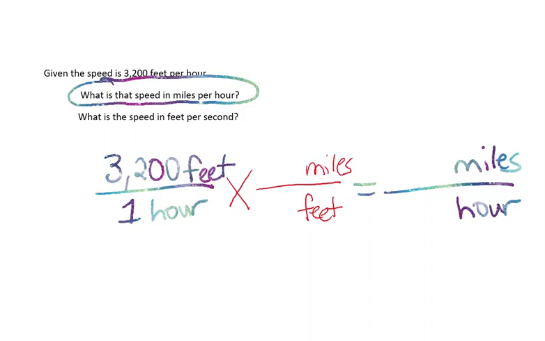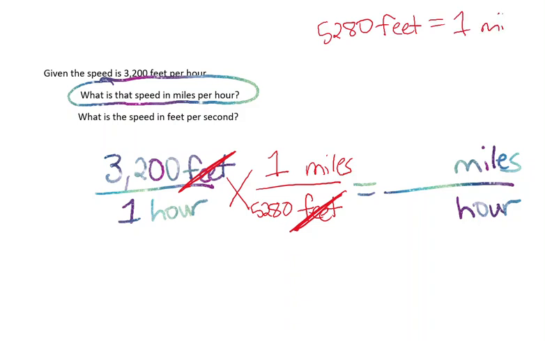Then I need to decide how many feet are in a mile. There are 5,280 feet in 1 mile. So there were 2 steps here. First, deciding where to put units so that feet cancels and I'm left with miles. Then deciding how many feet are in a mile and being sure I put the numbers with the correct thing, knowing that there are 5,280 feet in 1 mile.